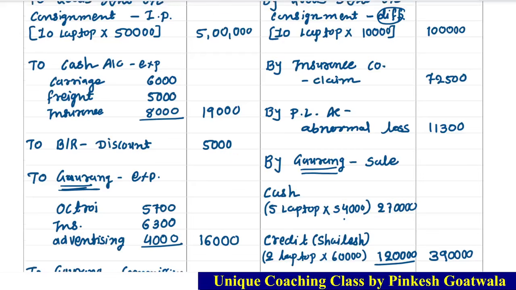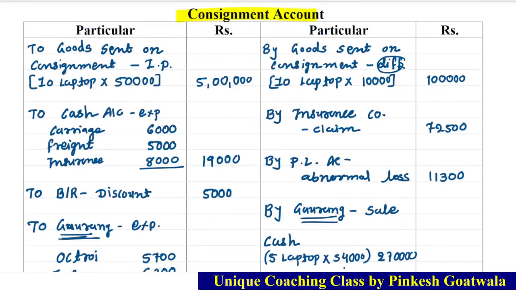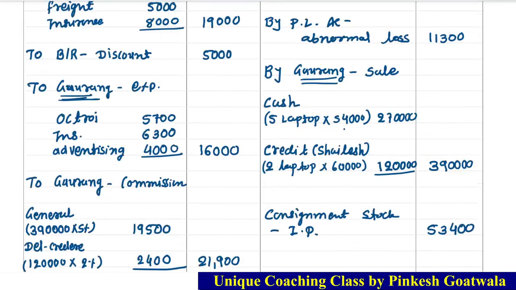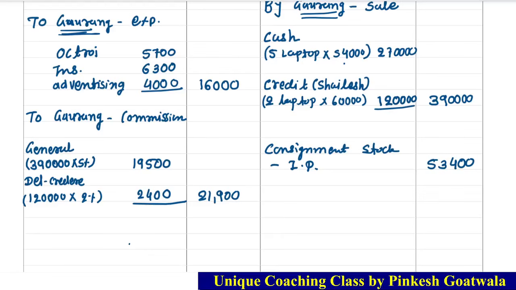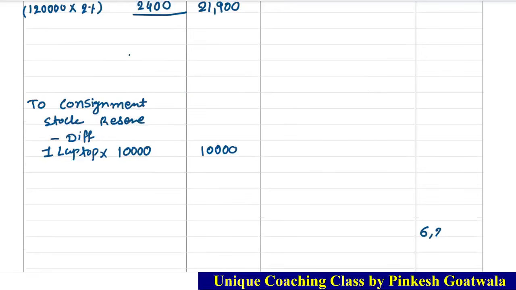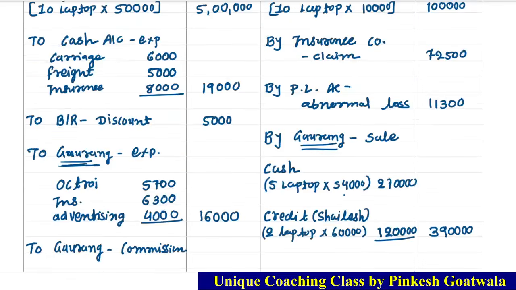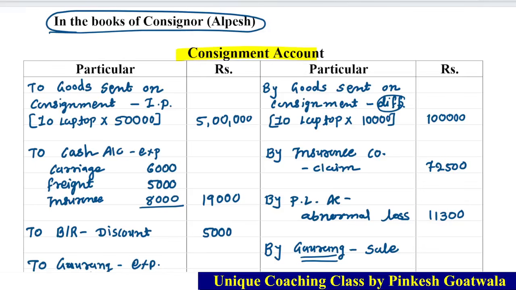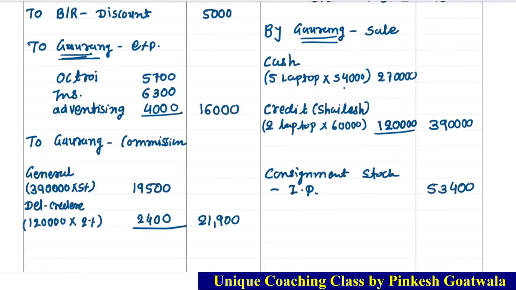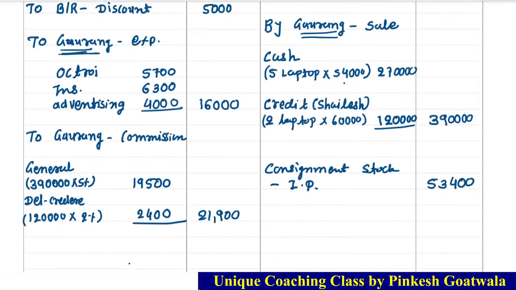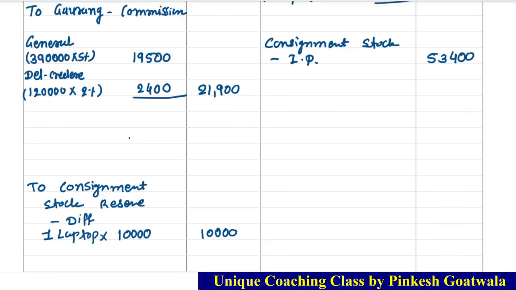So let's close the account. So credit side: 1,72,500, 11,300, then 390, 53,400. Okay, so total is 6,27,200. And here minus 5,90,000, 5,000, then 16,000, 21,900, and 10,000.